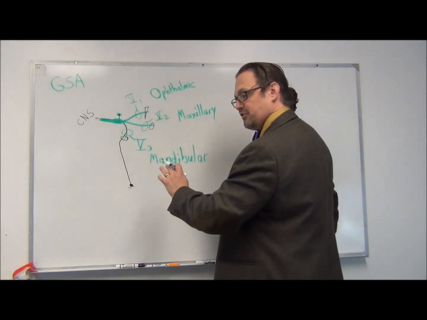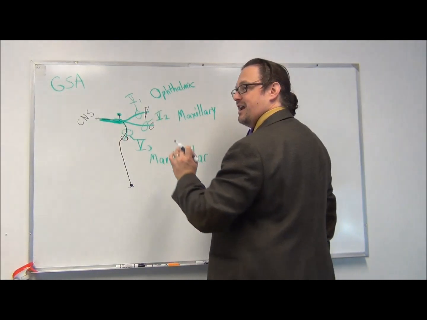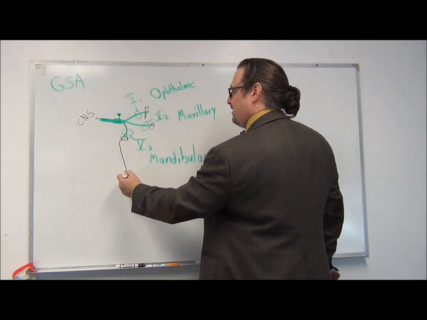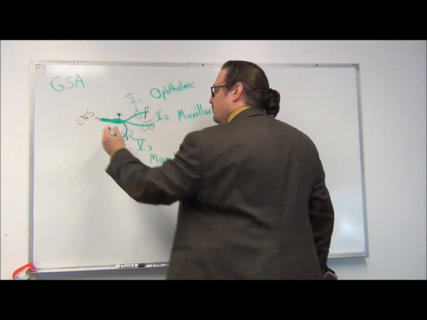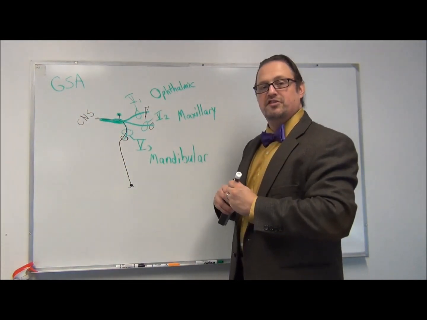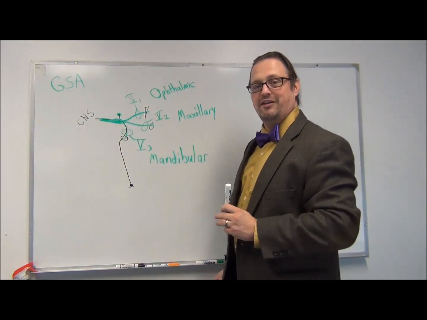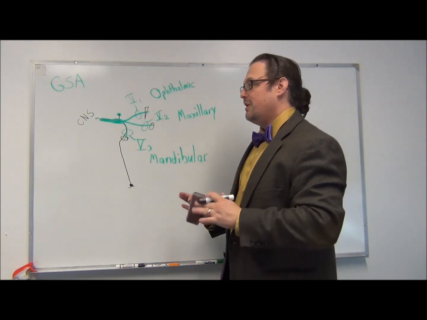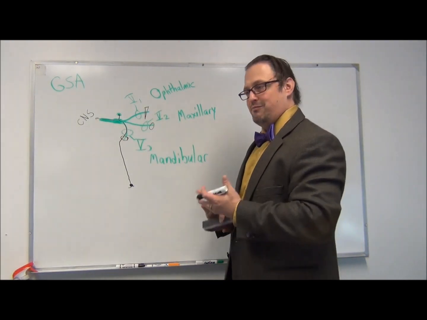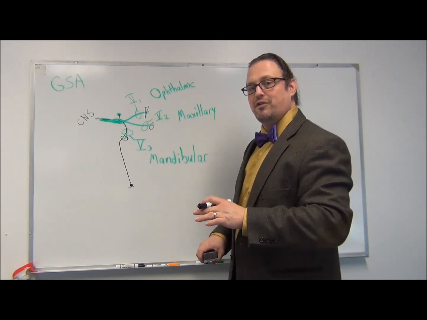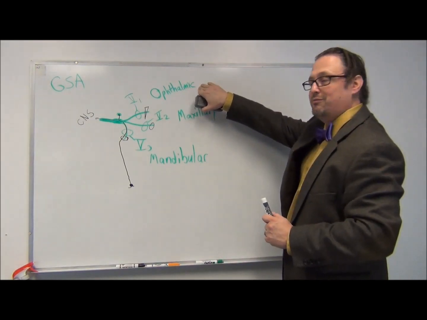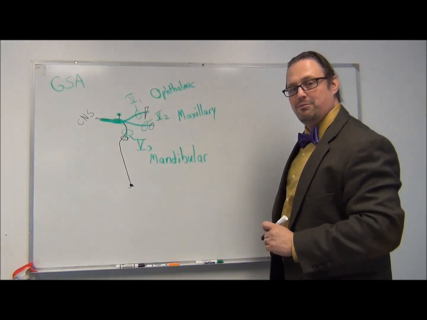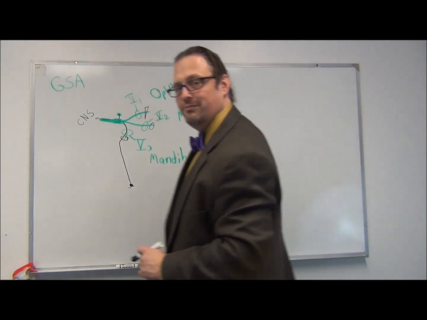Just be aware, these sensory axons, these GSA nerves, have an axon that stretches back to the ganglion and then continues on to the central nervous system, with the cell body in the trigeminal ganglion able to maintain it and keep it stocked with neurotransmitters and so forth. Alright, so the next thing we're going to do is investigate the ophthalmic branch of the trigeminal nerve in more detail.